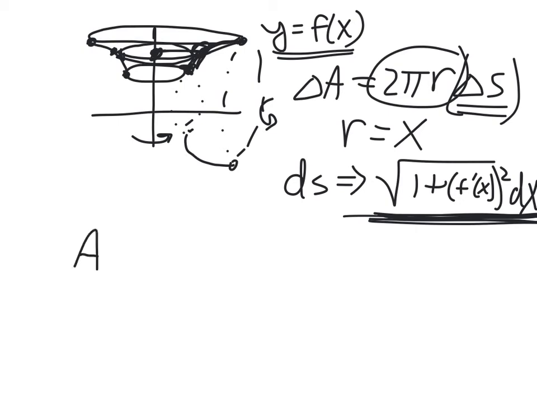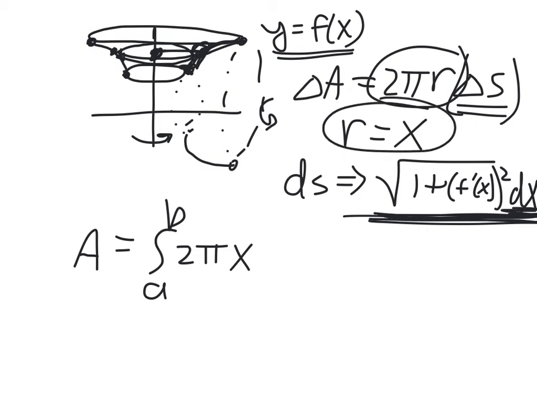So in this case, the surface area, since we're still in terms of x, we can integrate from x equals a to x equals b of 2 pi times x. x again was our radius, and then times ds, which would be this.